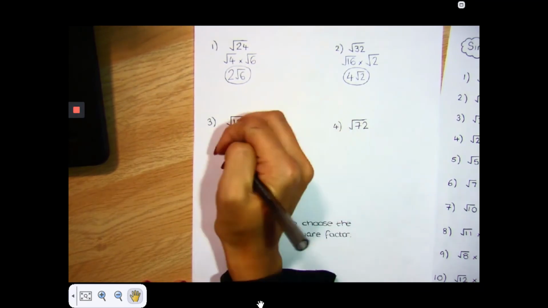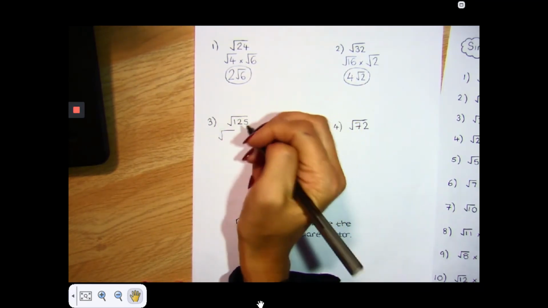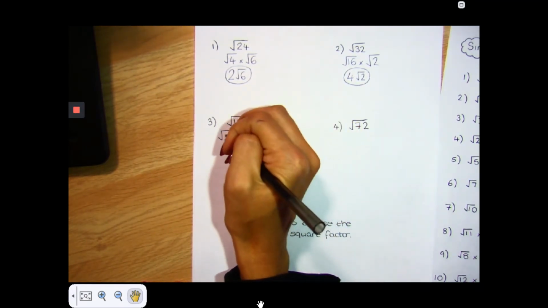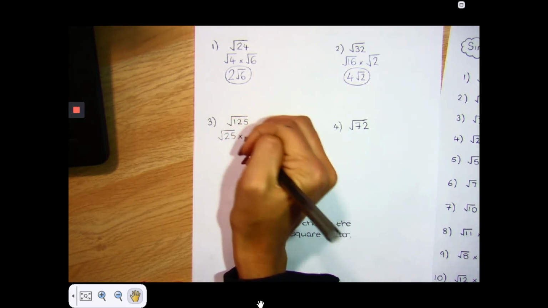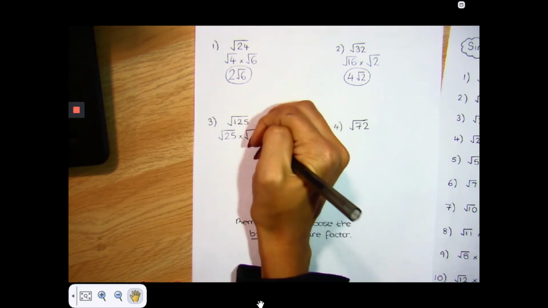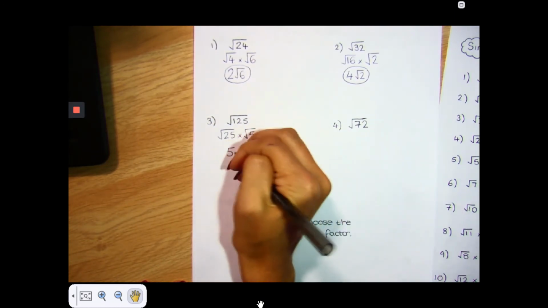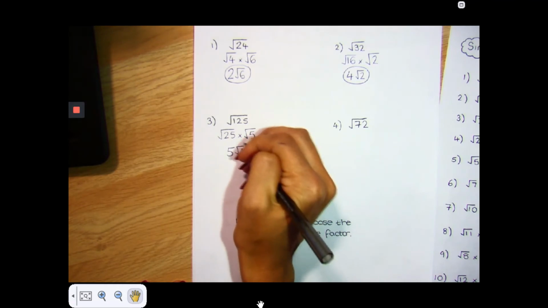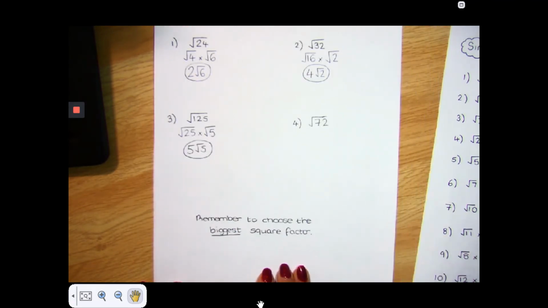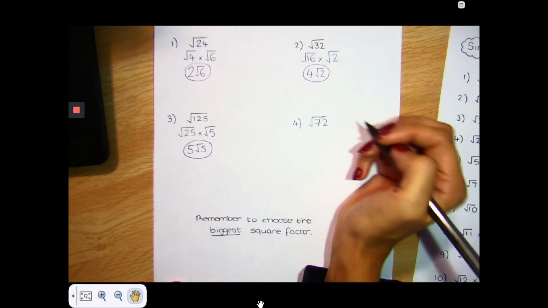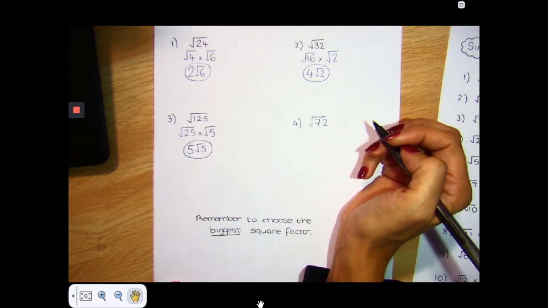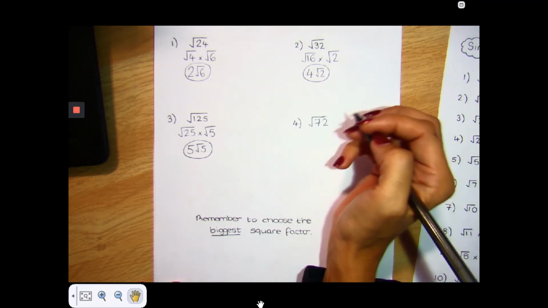And the answer to that is 5 root 5. And with root 72, yes, you can have 9 and 8 times together to make 72. 9 is square, but the biggest possible one will be 36, and that really needs to be the one that you choose to save yourself doing more cancelling later on. So root 36 times root 2, and that becomes 6 root 2.